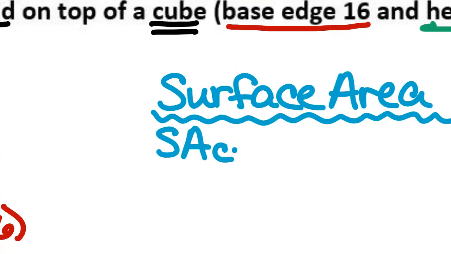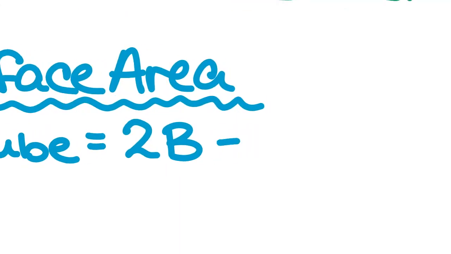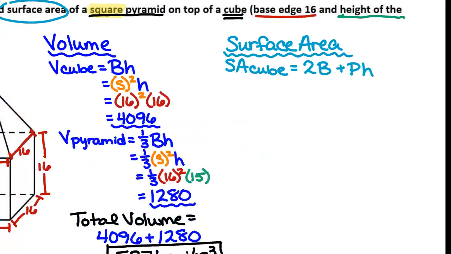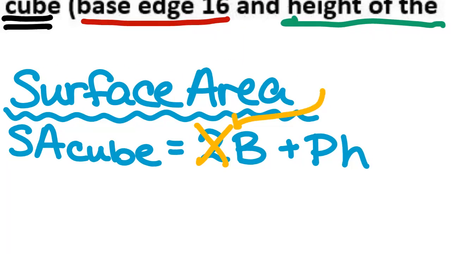Surface area of the cube. To find surface area for a cube, we do 2 times the area of the base plus the perimeter times the height. Are both bases on the surface? No, one of the bases is being covered by the pyramid, so I don't need the 2 by the base.